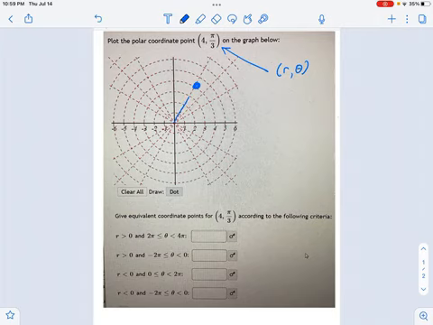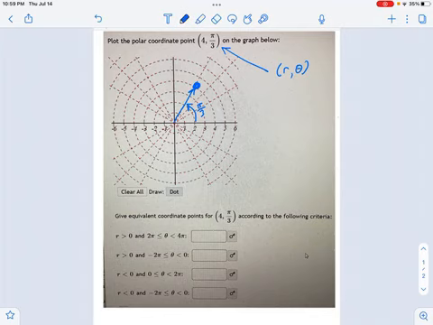You could say, sure, that's a radius of 4, and that's pi over 3. But what about this? What about that angle of 7 pi over 3, right? It just went around more than once, but it ended up at the same place. So that's what we're getting at here. There are multiple ways to describe points in polar coordinates, and let's go through a few of them.